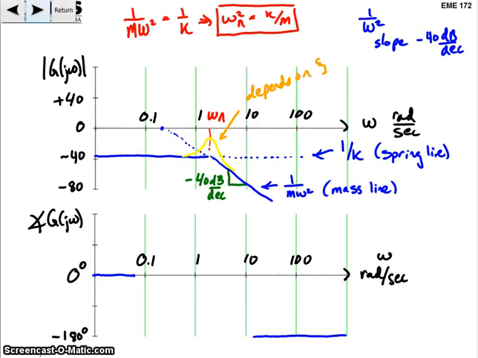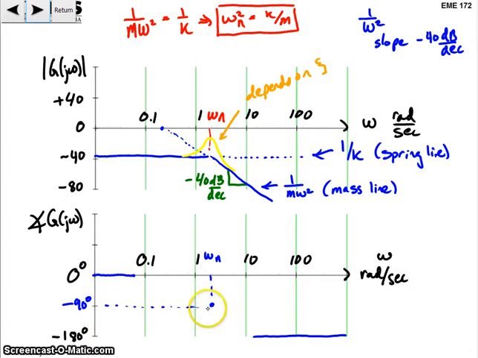And the other thing that we know for every second order system is that at the natural frequency, so this is omega n here, omega n, the phase shift will be minus 90 degrees. Okay, if you remember, the first order system had minus 45 degree phase shift at the crossover frequency.